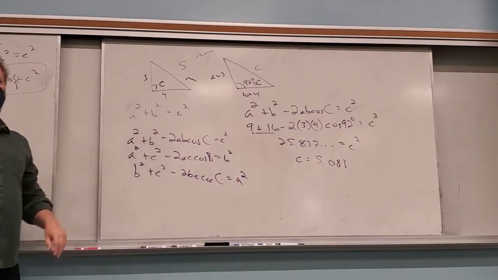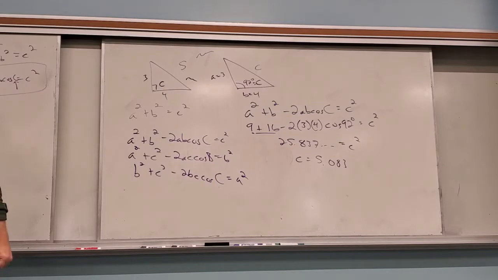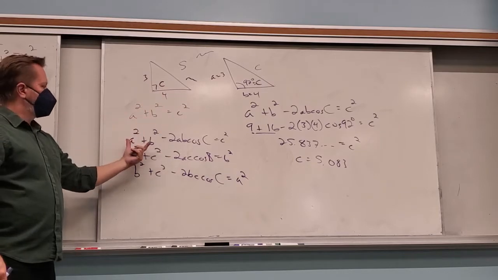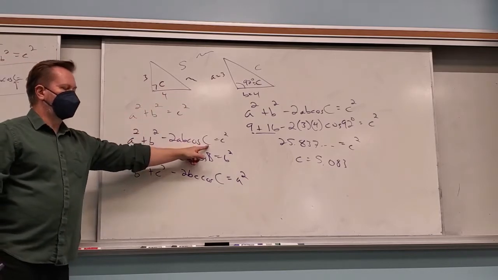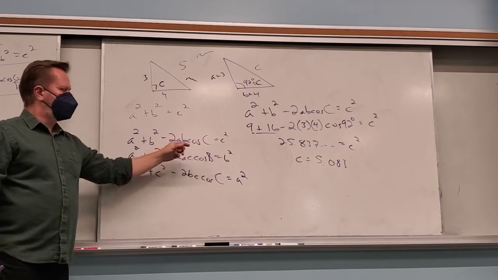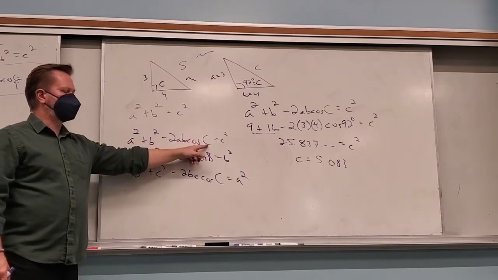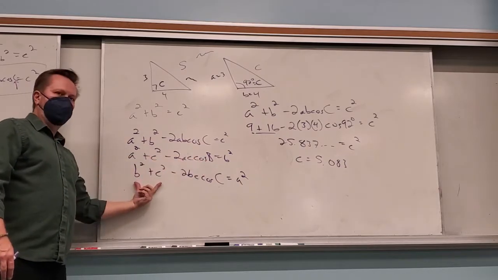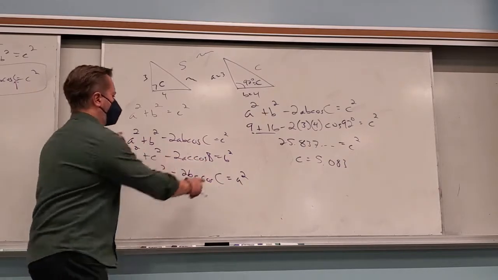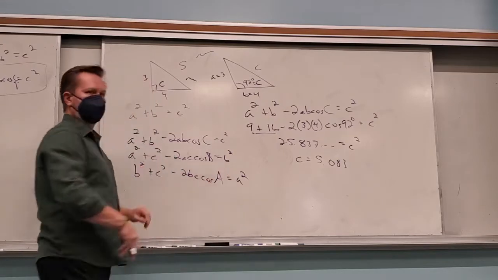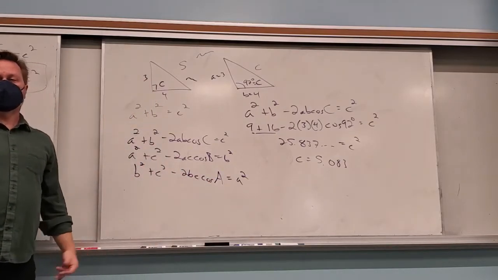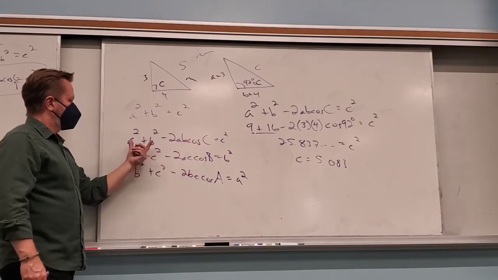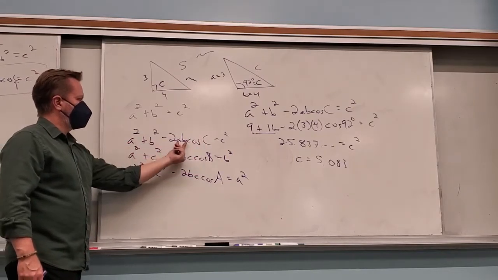I want you to notice similarities here. The most common usage of the law of cosines is when I'm given two sides and an angle. They could give me A and B and angle C, or A and C and angle B, or B and C and angle A. Watch how this is really nice.